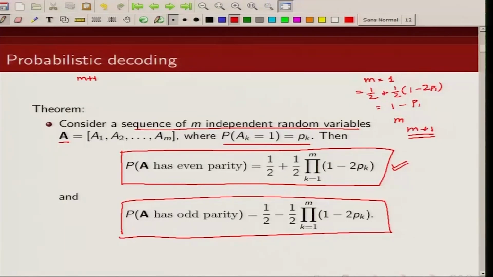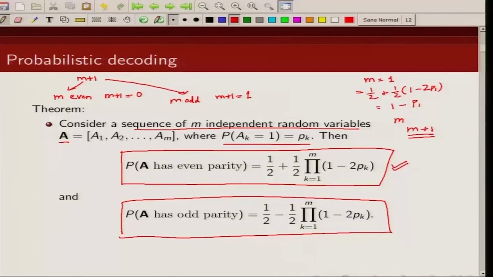They will have even parity when m of them have even parity and the (m plus 1)th bit is 0, or the sum of m independent random variables gives odd parity, and the (m plus 1)th bit that we receive is actually 1.